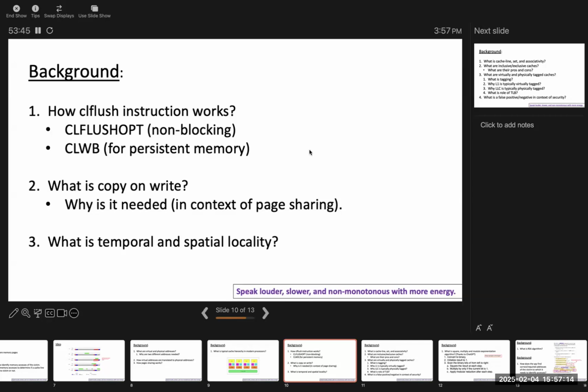Or process B also wants to update that address, but with a different value. Then how are we going to handle it? So when they share pages, the solution is you share the pages with read-only permission.